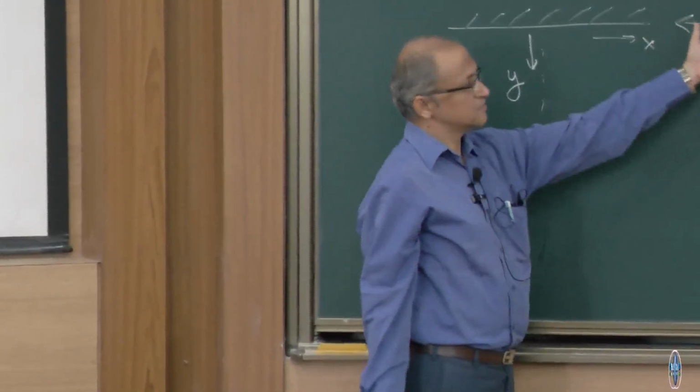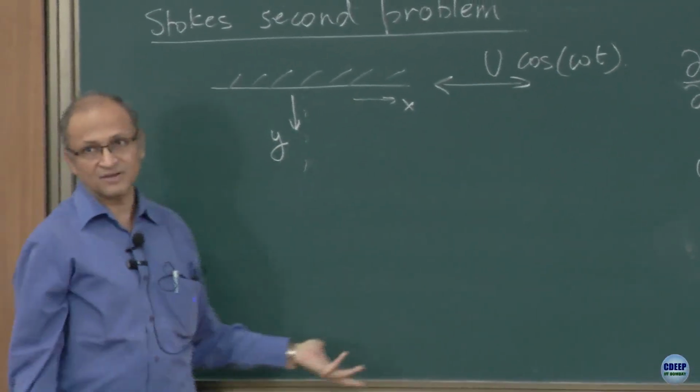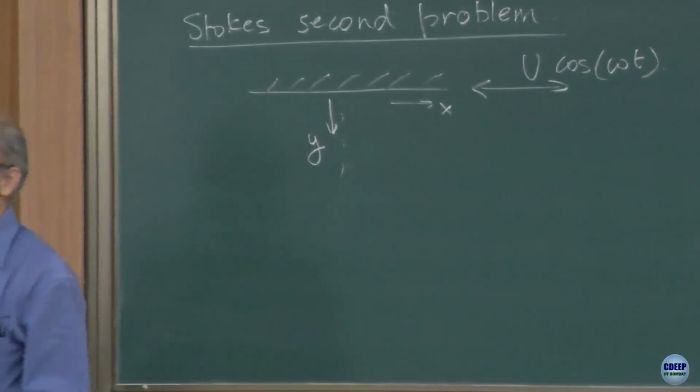There should be a phase lag. That's very correct. But what should be the same? The frequency should be the same. Amplitude would vary. Why would amplitude vary? At the surface, the amplitude will be U, whereas very far away, the amplitude is essentially 0.